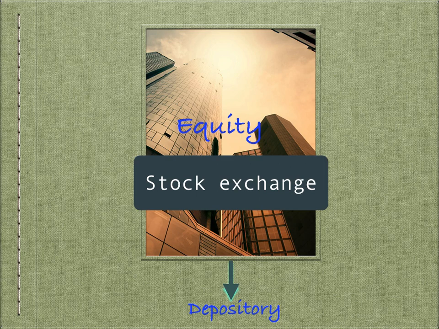There cannot be multiple depositories for a single stock exchange yet, because then it becomes redundant in terms of the range of activities that they do. So is this clear? To repeat, the transfer agent works on behalf of the issuer, the custodian works on behalf of the investor, the depository is working on behalf of the stock exchange.